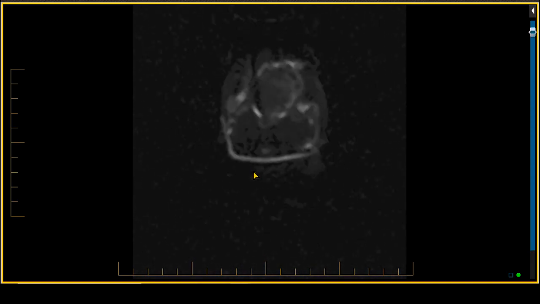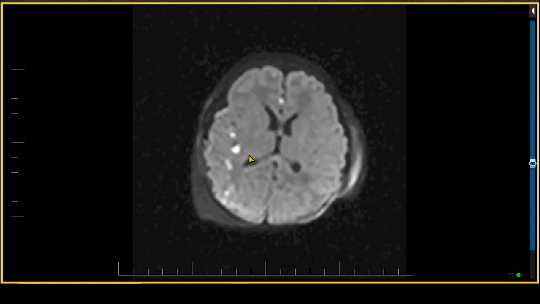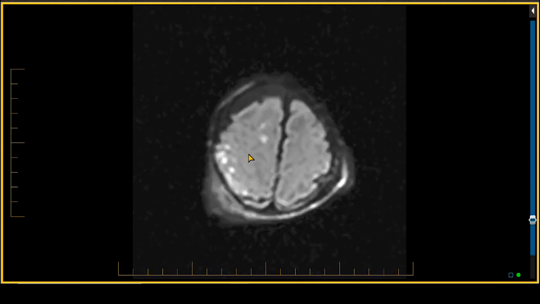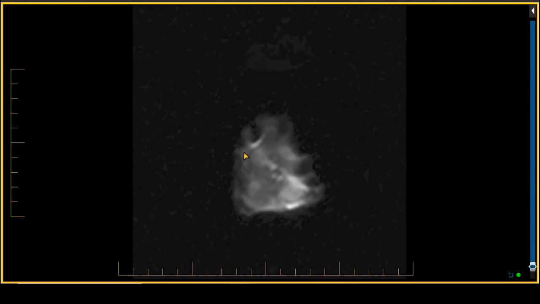So these are areas where the brain has been damaged in a setting of diffuse axonal injury. The DWI shows the cytotoxic edema.